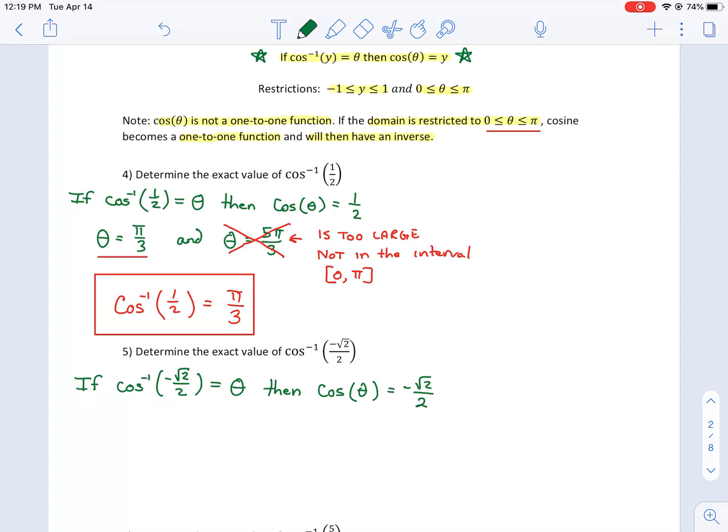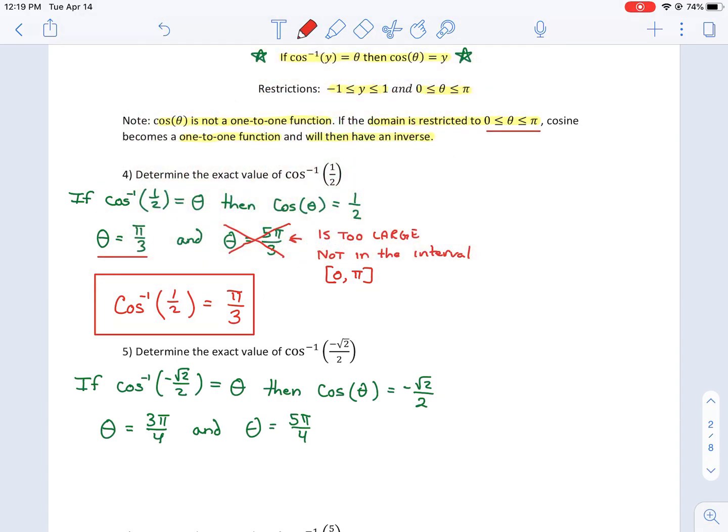And on the unit circle, you'll find the two angles to be 3 pi fourths and 5 pi fourths.